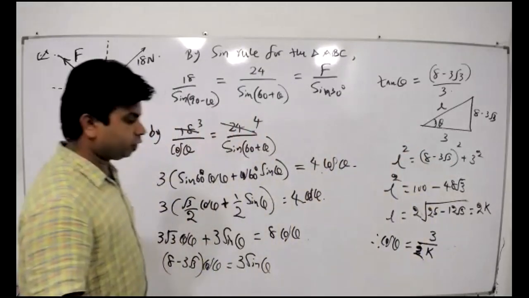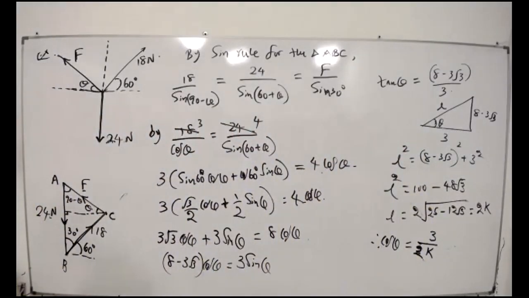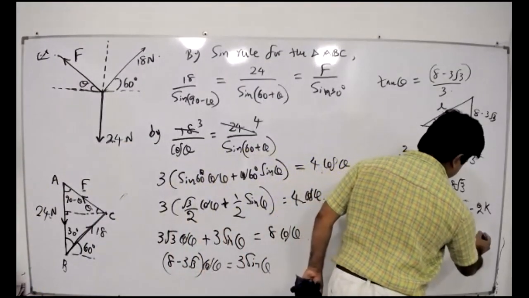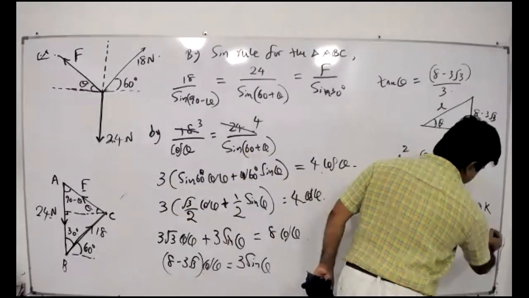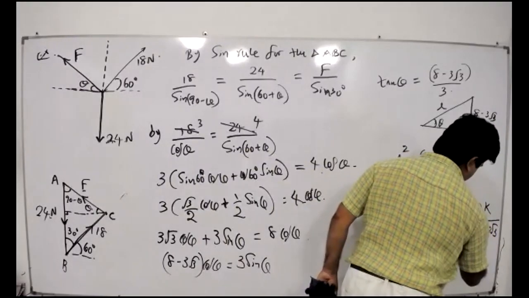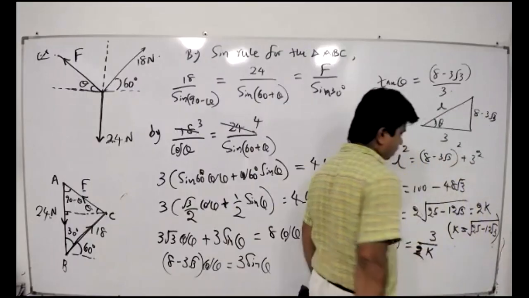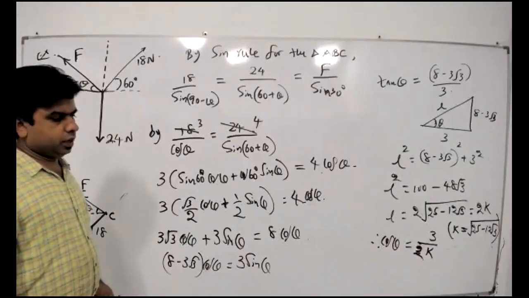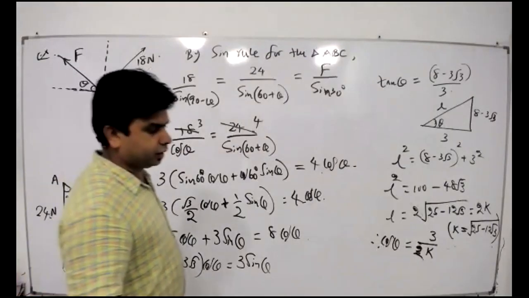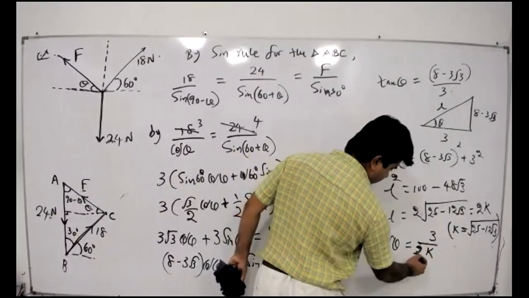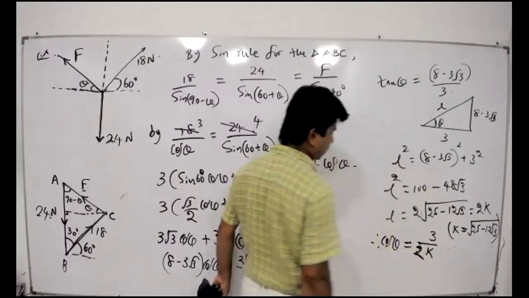Cos theta is 3 over 2k, right? Understand k is 25 minus 12 root 3. When such values come up, put k for them. Okay, not for any other wrong reason. But you can put it like that, right?